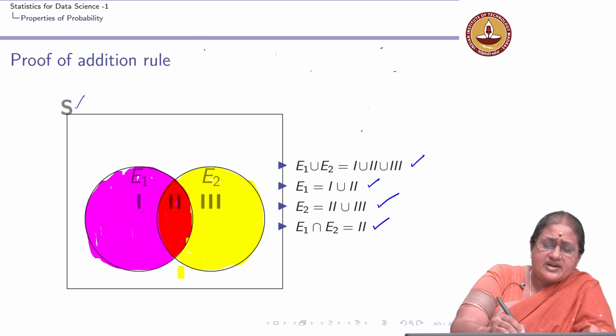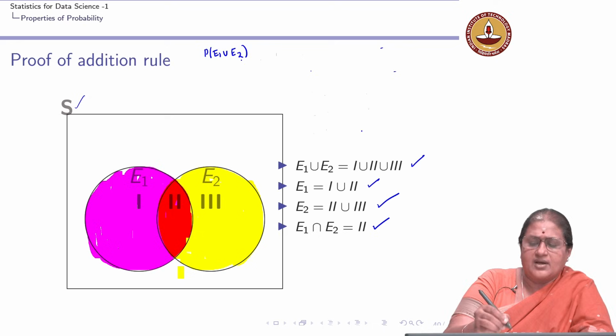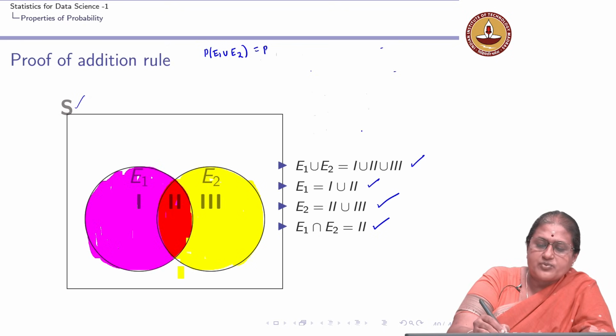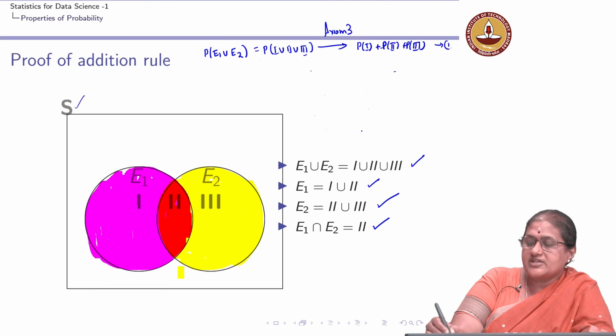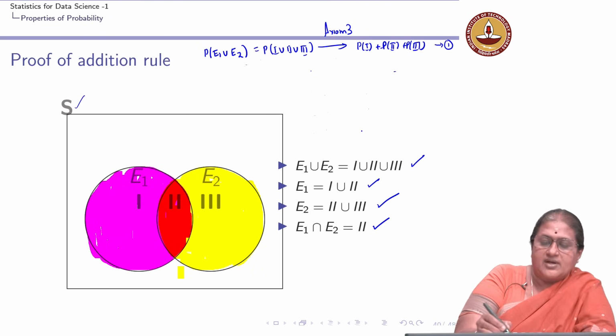Now, what are we interested in finding out? We are interested in finding out probability of E1 union E2, which is the same as probability of 1 union 2 union 3, and I can apply axiom 3 to this, and I know this is probability of 1 plus probability of 2 plus probability of 3. Let me label this as my first equation.